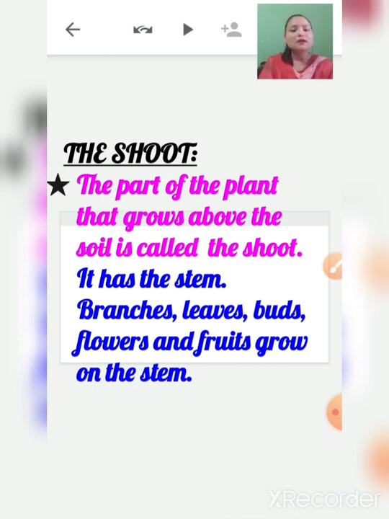It has the stem, branches, leaves, buds, flowers and fruits. Main is the stem, and on that stem branches, leaves, buds, flowers and fruits all grow.